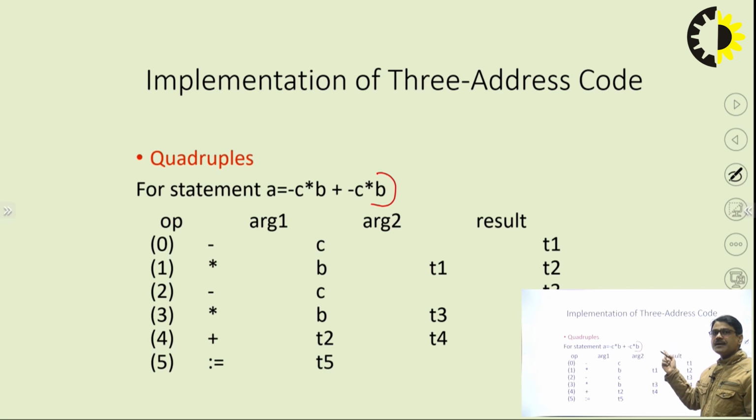So that is called implementation of 3 address code. Implementation of 3 address code is of 3 types. One is quadruple, another one is triple, and the last one is indirect triple.